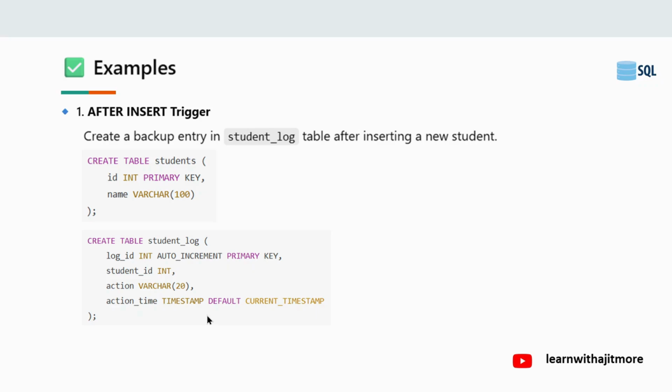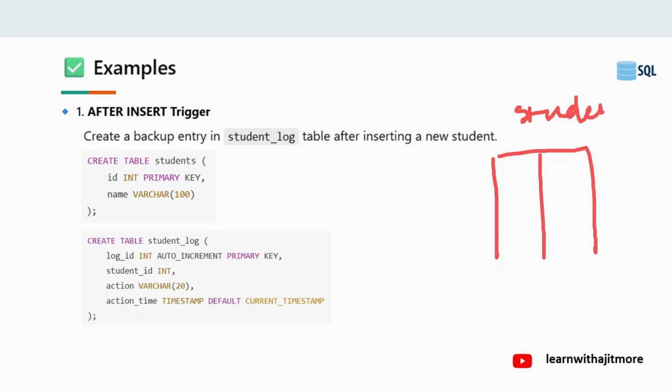So what should happen? I hope you got it. See here, I'll pictorially show you. This is your student table, with ID and the name.